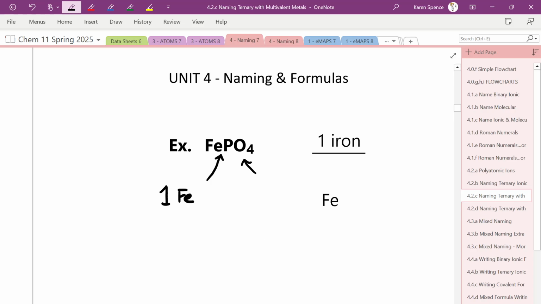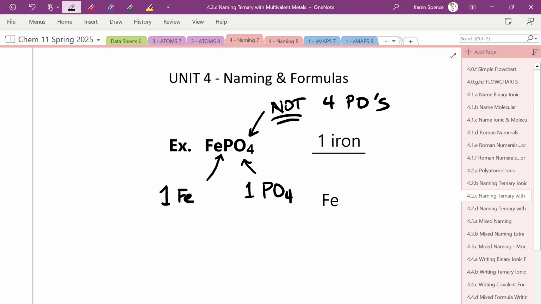How many PO4s? Are there 4 or are there 1? There's 1 PO4. It's not 4 POs. Okay, that's what you have to watch out for.